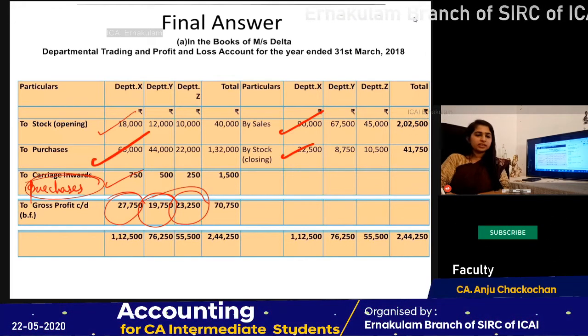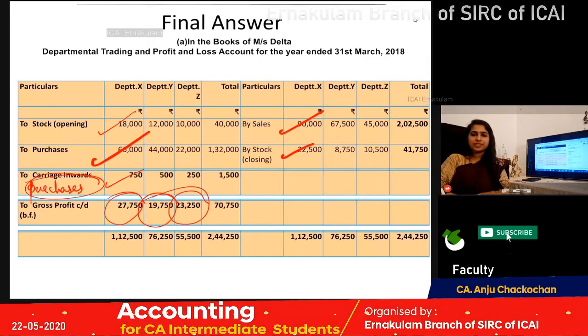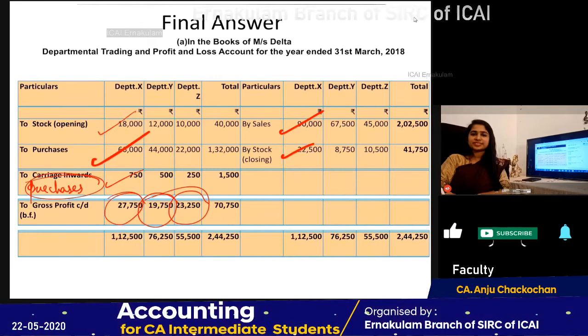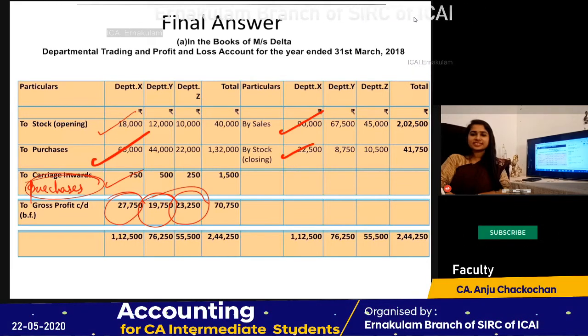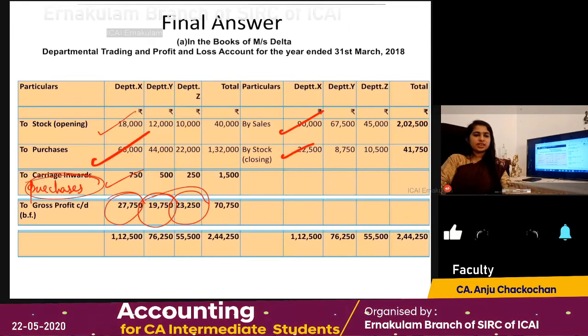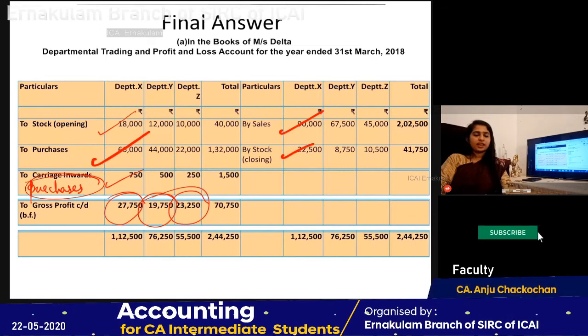Now, only part is the computation of net profit. Yes, yes, yes. Make it fast, make it fast.